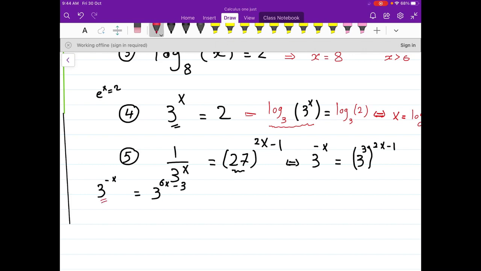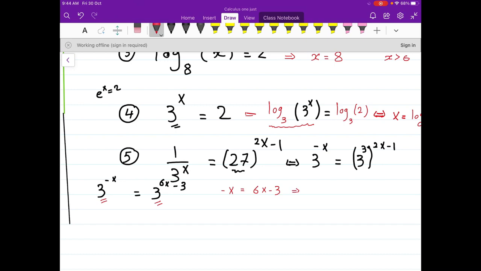Now the bases are equal, so the exponents are equal. So we get minus x equals 6x minus 3, and obviously x belongs to R, the domain is R, since the power is a linear function.